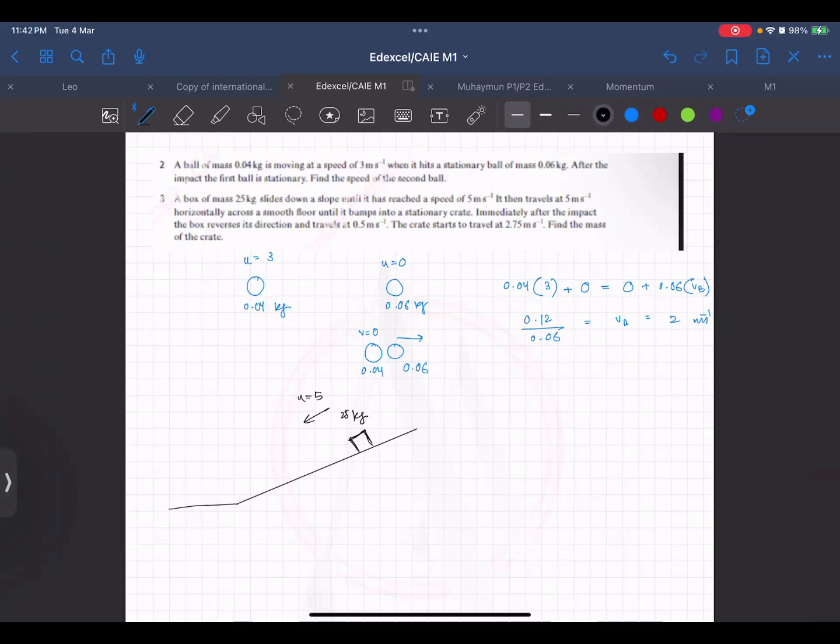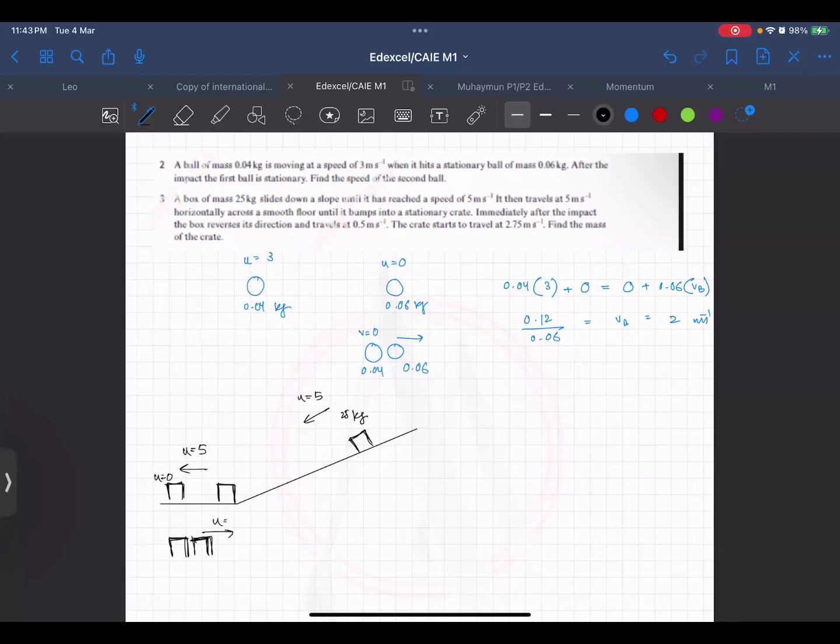So now it is going to move horizontally with the same 5, until it bumps into a stationary crate. So there is another crate which is stationary. Immediately after the impact, the box reverses its direction and travels at, so after the contact, let's suppose this is the first after contact, this one would reverse direction.